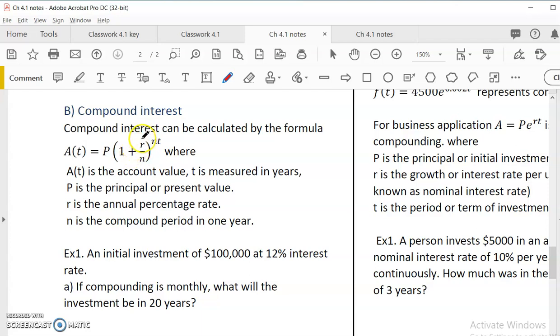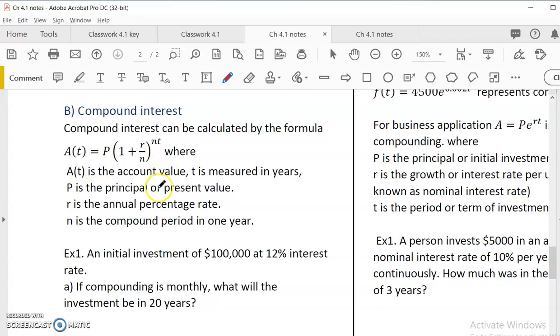So it's like there is a constant percentage increase, right? If the bank gives you a constant rate, then it is modeled by an exponential function.